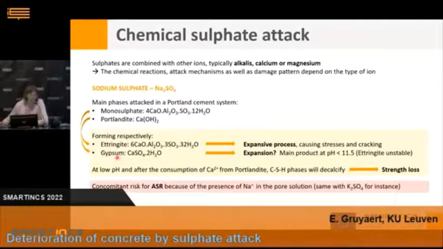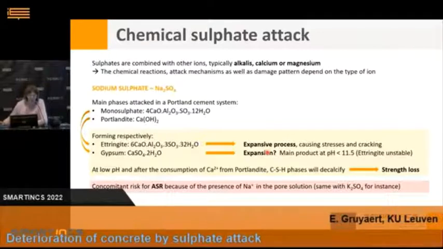So what does ettringite formation lead to? Well, it is an expansive process, as was already told by Professor De Bailey, and this expansive process can first help in filling the pores, but after some time it will cause stresses and cracking. So cracking phenomena happen in that case.